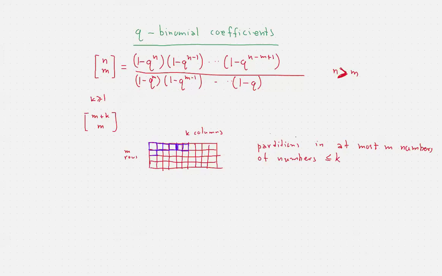This one right here, just to make it a little more obvious, let me just shade the squares. So in this diagram, I have 3 numbers, and none of them exceeds, well, in this picture, it's 10.